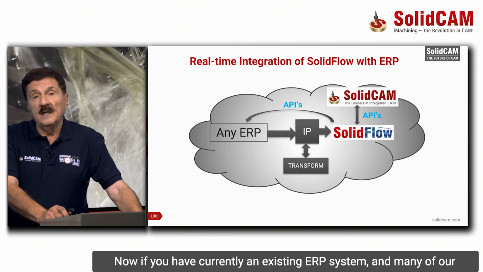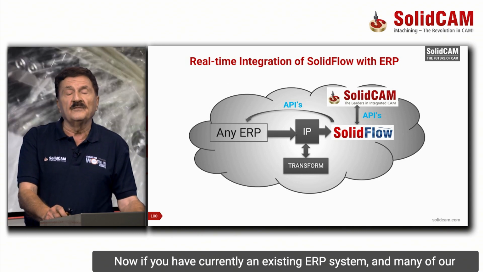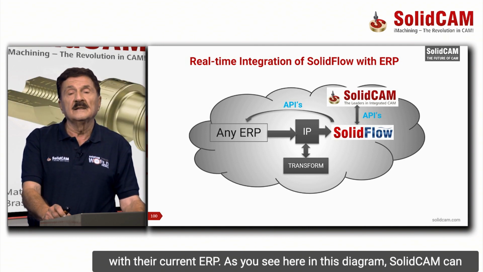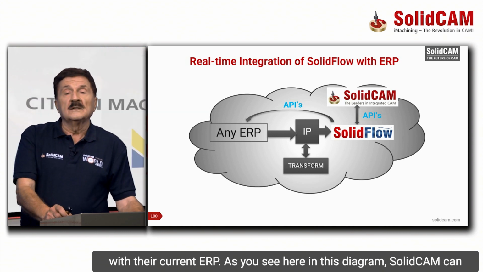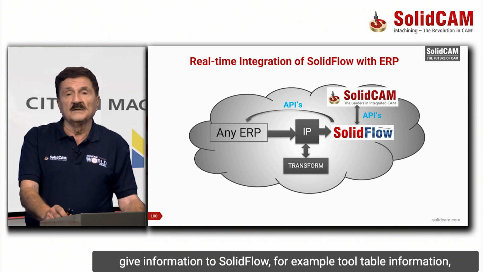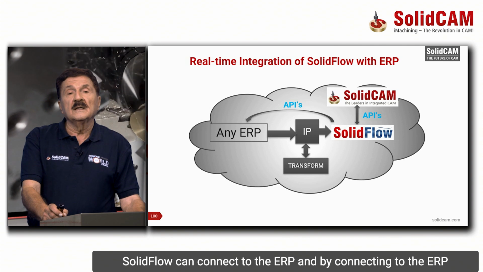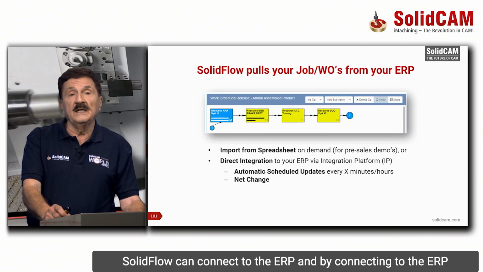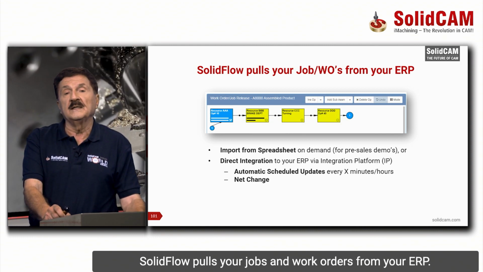Now, if you have currently an existing ERP system, and many of our customers have an existing ERP system, SolidFlow can be integrated with their current ERP. As you see here in this diagram, SolidCAM can give information to SolidFlow, for example, tool table information. SolidFlow can connect to the ERP, and by connecting to the ERP, SolidFlow pulls your job and work orders from your ERP.